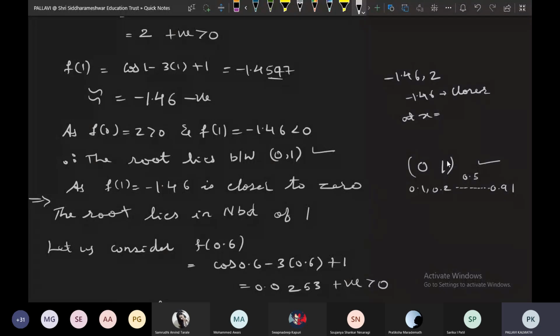But we want the points which are in the neighborhood of 1. So instead of taking f of 0.6, you can also take f of 0.7, 0.8, and you can try.